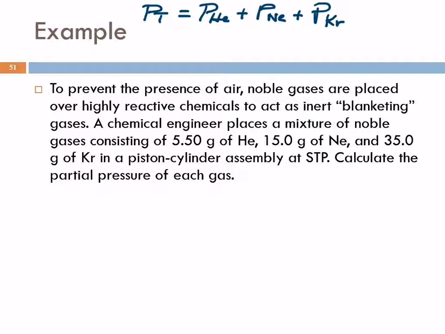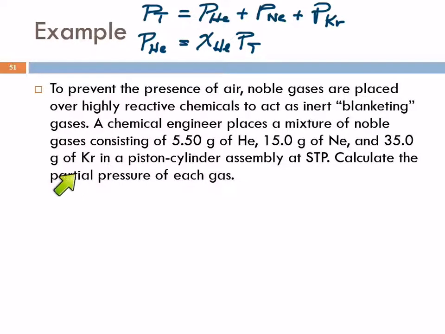And the other one, I'll just do the first one: the partial pressure of helium is equal to the mole fraction of helium times the total pressure. So those are our two options for equations.